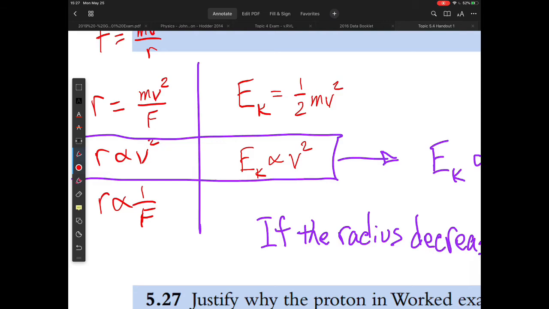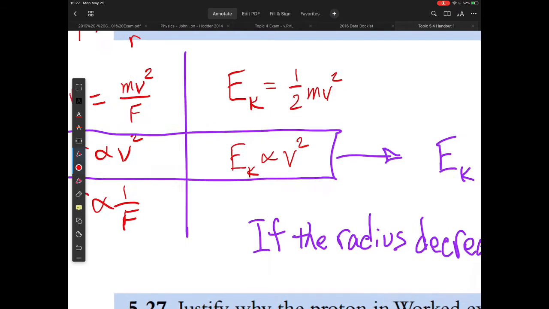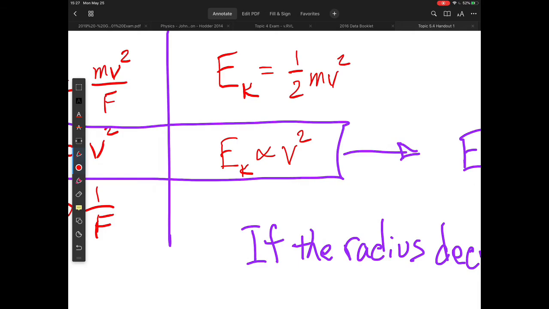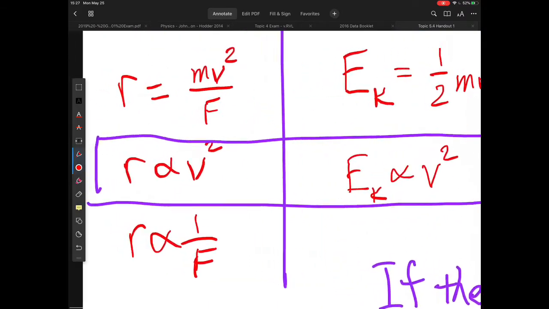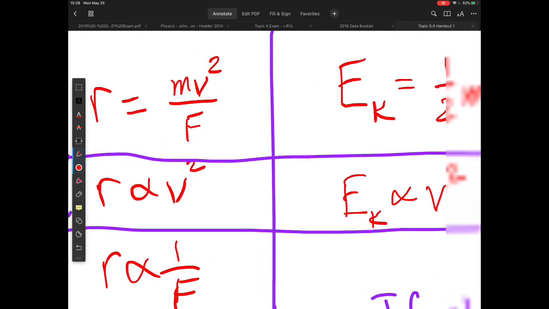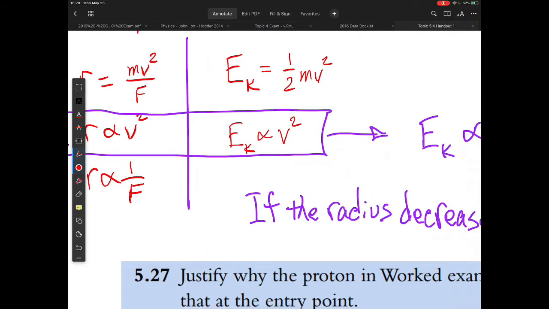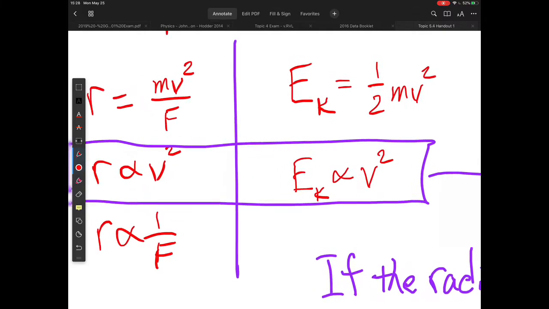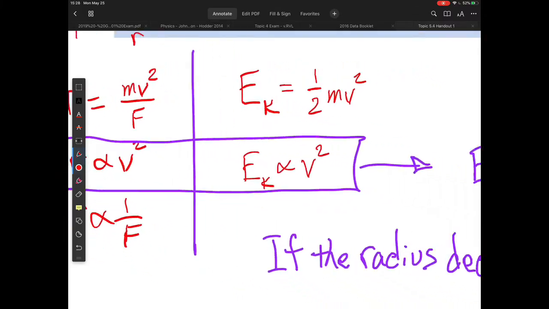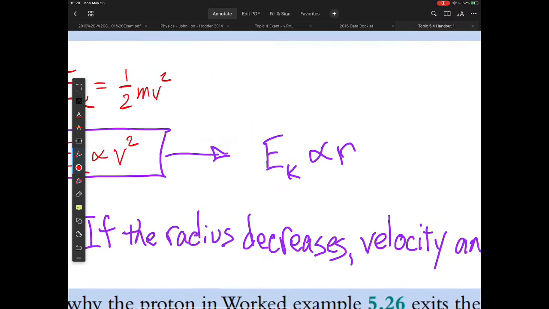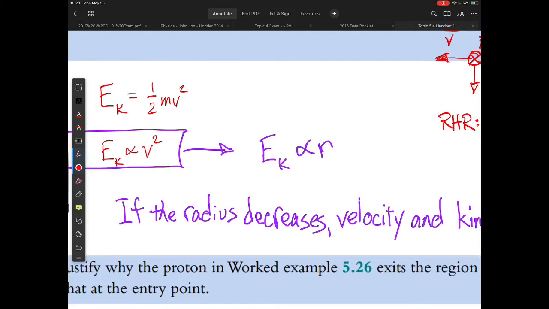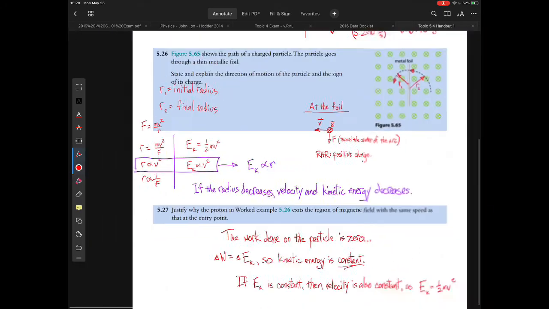So we also know that kinetic energy is equal to 1/2 mass times velocity squared, which means that kinetic energy is proportionate to velocity squared. Well, we have two conditions here that seem to be aligned. So what we know from these two conditions is that if both of these are true, then kinetic energy is going to be proportionate to radius.